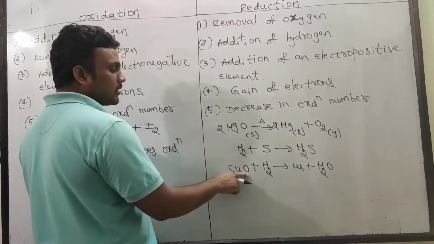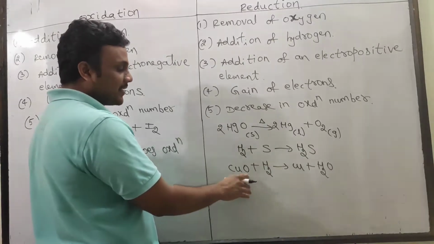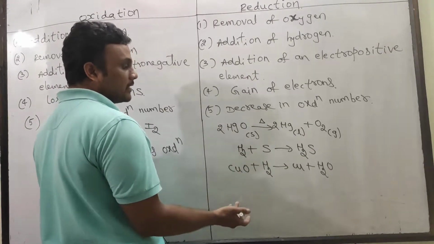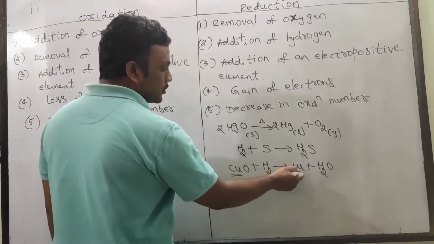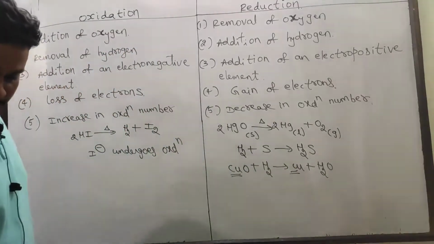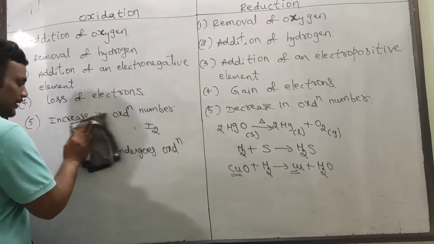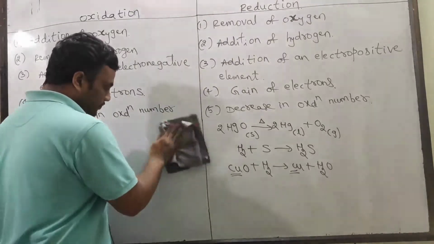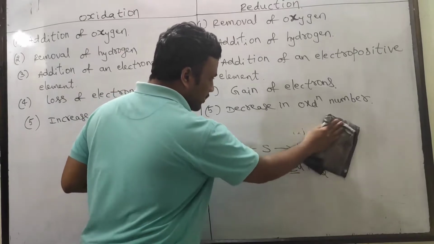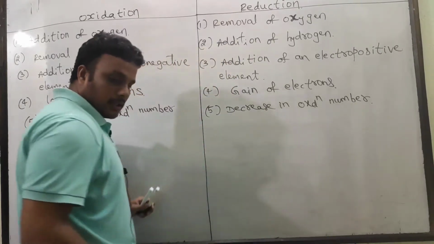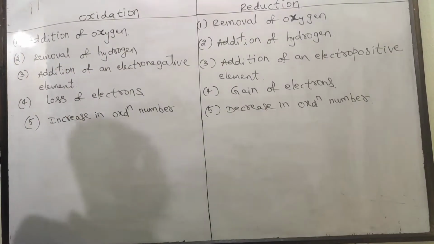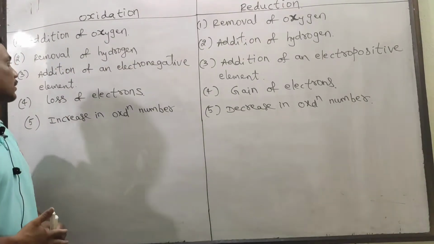Removal of oxygen from copper is reduction, and addition of hydrogen to this compound is also reduction. Oxygen is removed from copper, so copper from CuO undergoes reduction. So these are simple reactions. In hydrogen iodide, iodide undergoes oxidation, not iodine, because that is present as I minus.